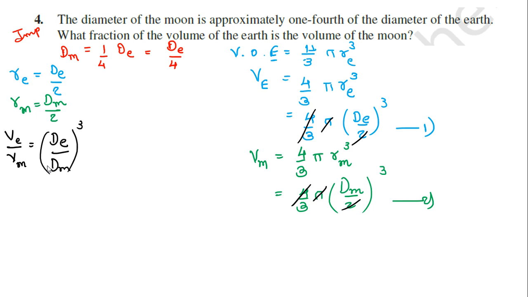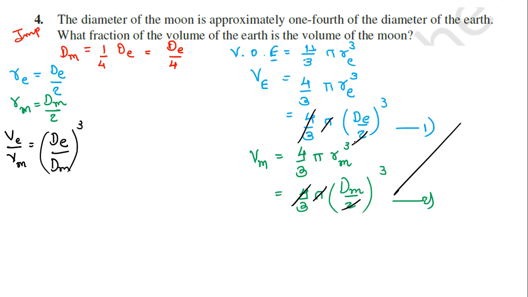Do you understand how this directly (de by dm) whole cube comes in the ratio? Because I don't have that much space, I directly cut those steps. When you take the ratio of equation number 1 to equation number 2, 4 by 3 and pi will cut.